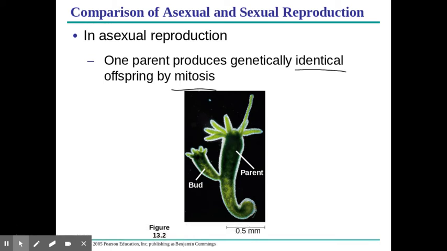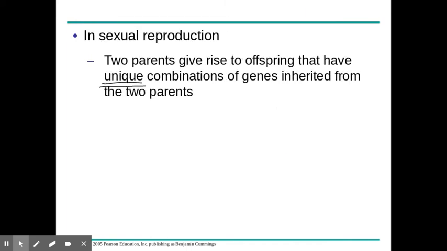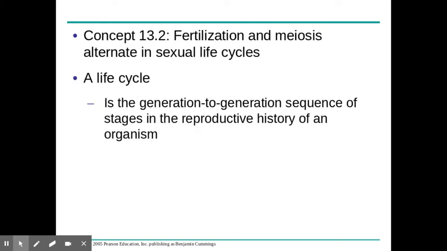The only variation would be from mutations. Versus in sexual reproduction, two parents give rise to an offspring that is unique. It is varied. Offspring will vary genetically from their siblings as well as their parents, even though you get your DNA from them. So fertilization and meiosis are going to alternate in sexual life cycles.